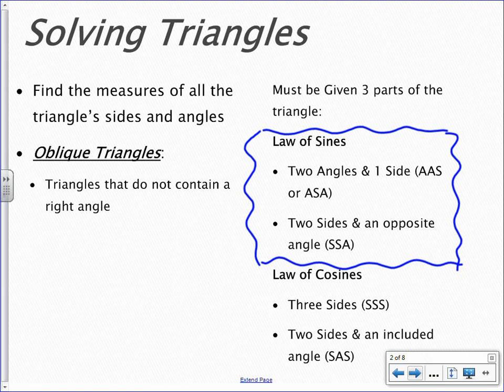If we have 2 sides and an angle that is opposite one of those sides, then we can use the law of sines as well. If you looked at the book problems that I gave you last night, they were the cases where you had 2 angles and a side, right?